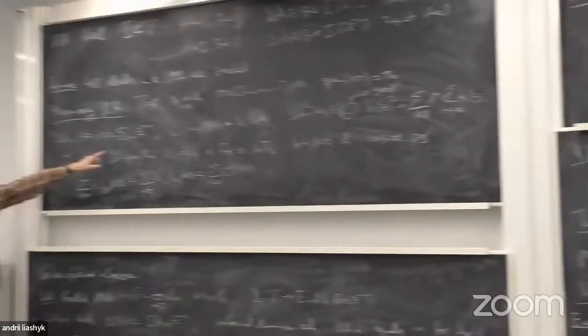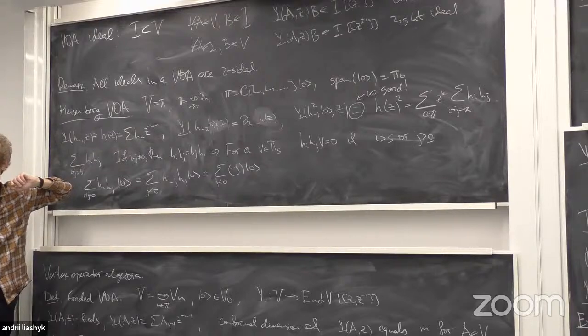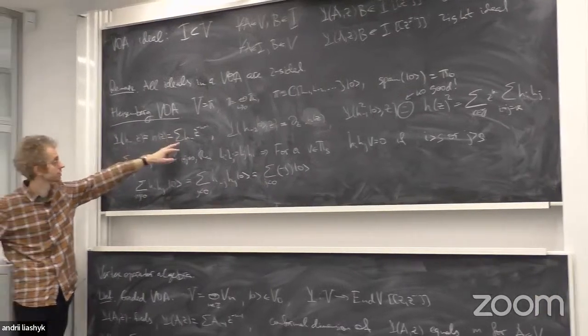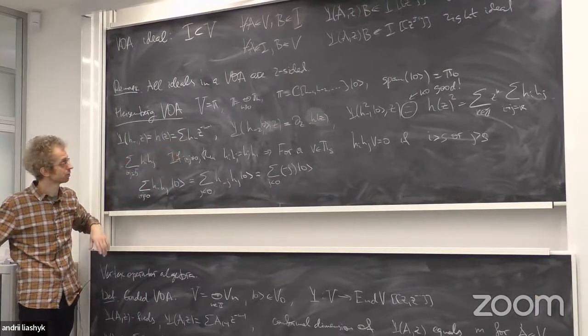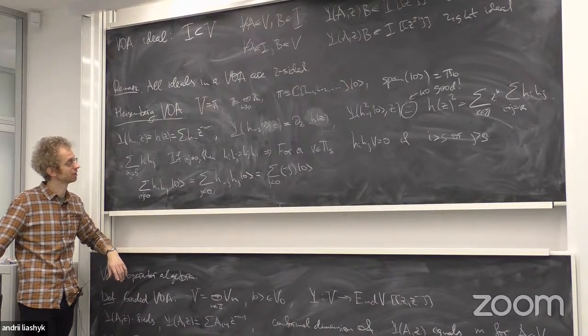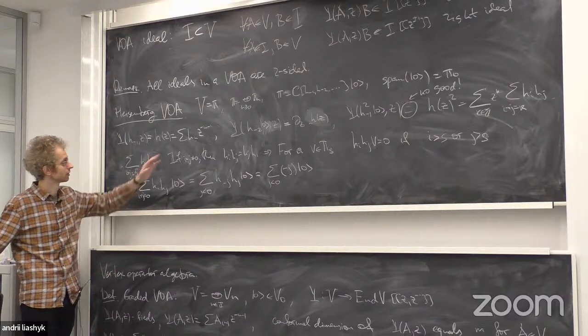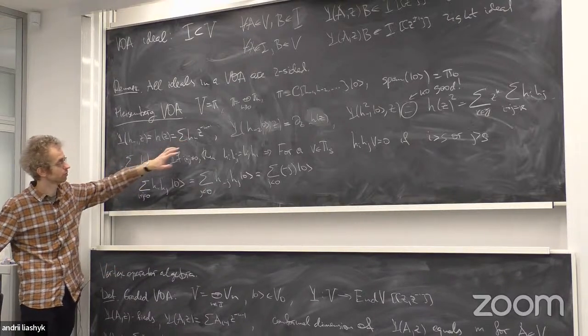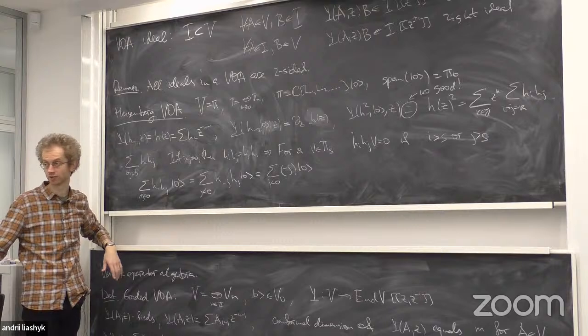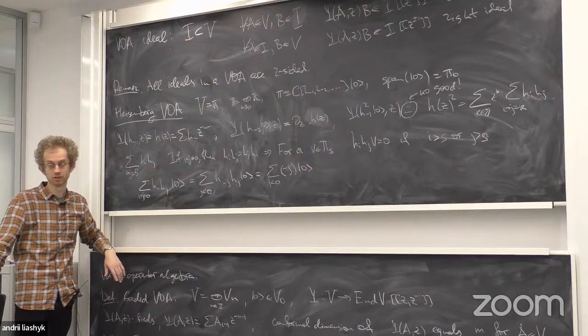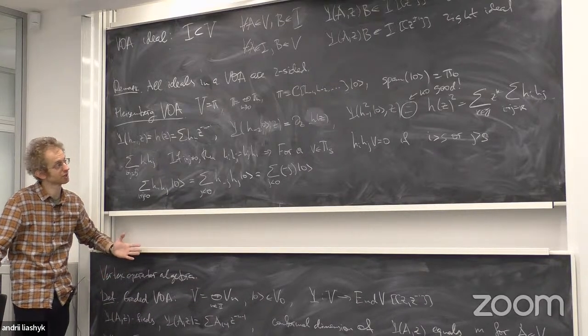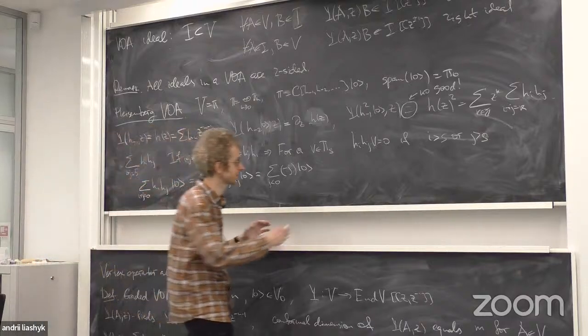So this operator H_n, which is written here, is the operator which has conformal dimension 1. Correct? Just by the definition, this is the equation where we start from.